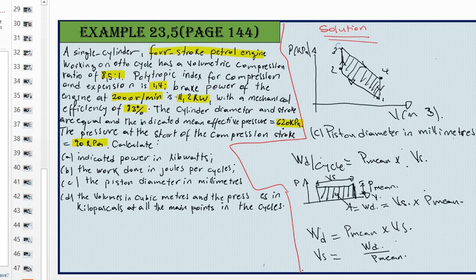So the mean effective pressure is given, which is 620 kilopascal, and the work done was determined from the previous slide. So we got 810 joule. So if we use the kilojoule, we're going to have 0.810.